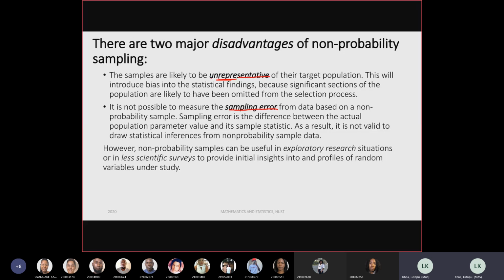Before you start on a research, you might not even have any idea, so I'm just going to get an idea, and then from there you can decide what to do or how to carry your research about. So this is for getting an idea of what is happening, even though it is not representative of the population, and you cannot estimate what the sampling error is.